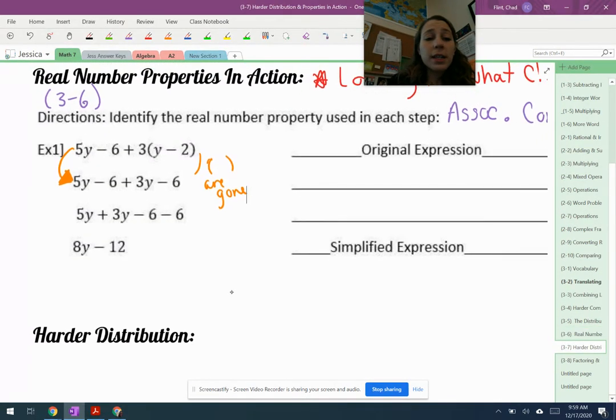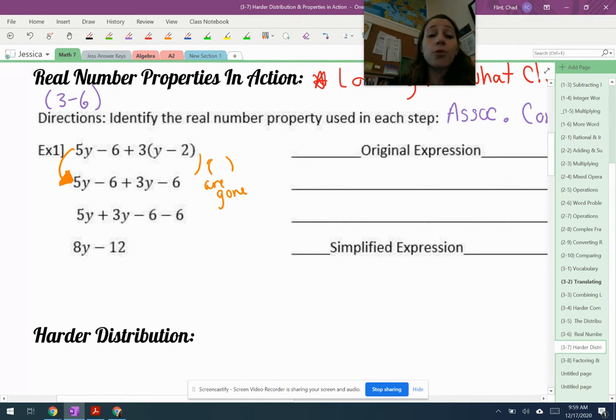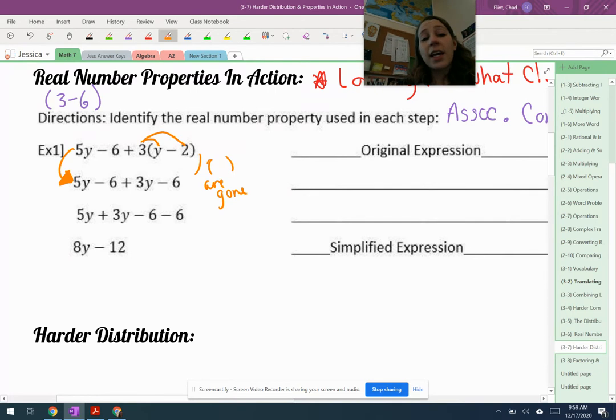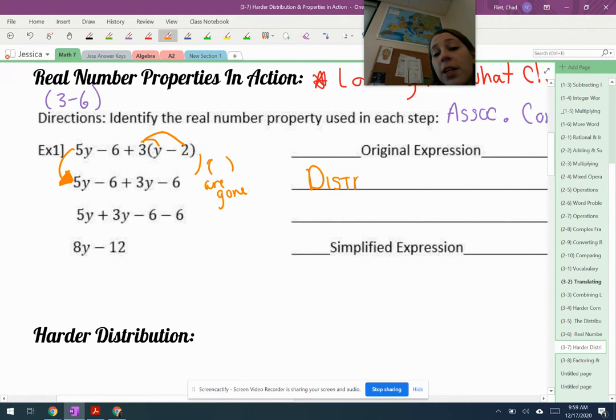So if I come back here, did I move those parentheses, or did I take that number on the outside and multiply it? And it just so happens I did do that. I distributed that positive 3 to both pieces. So this is the distributive property in action.